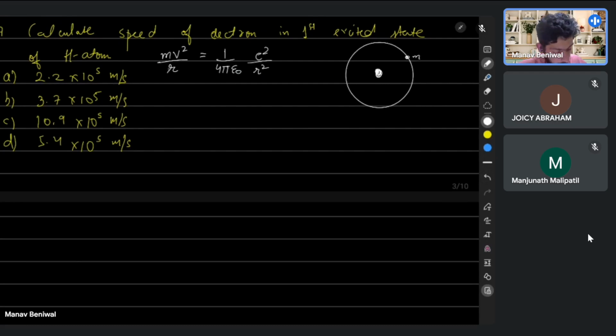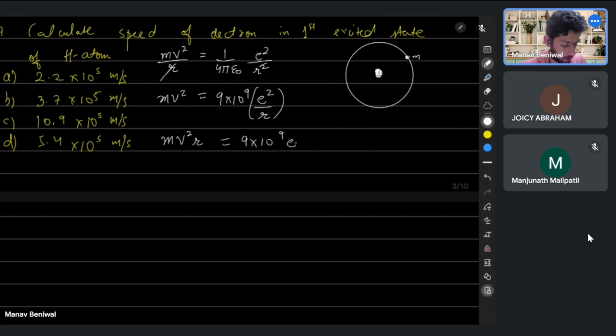So this r will cancel here, and we get mv squared equals 9 times 10 to the 9 times e squared over r, or mv squared times r equals 9 times 10 to the 9 times e squared.